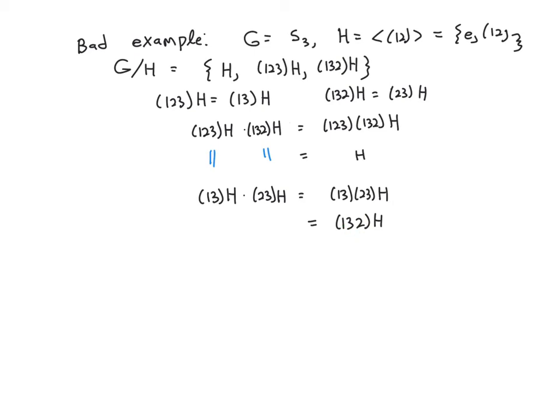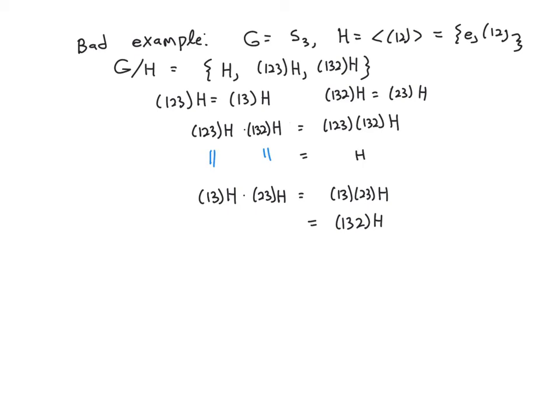And so we see the product is not well defined because here, if I take these 2 coset representatives, I get this coset. But if I take these 2 coset representatives, I get a different coset as my answer. So my answer depends on my choices, which coset representatives I pick.